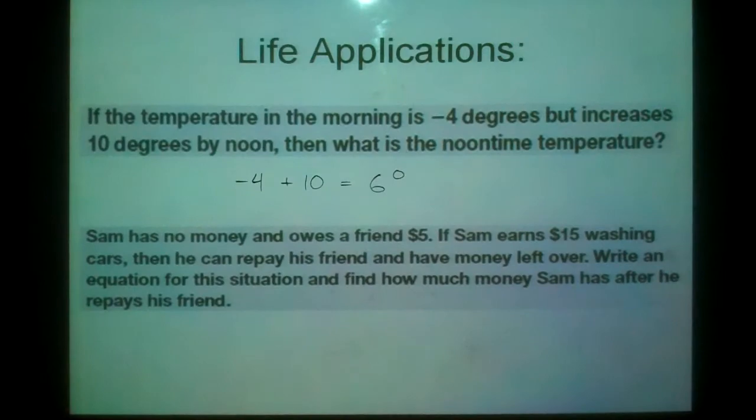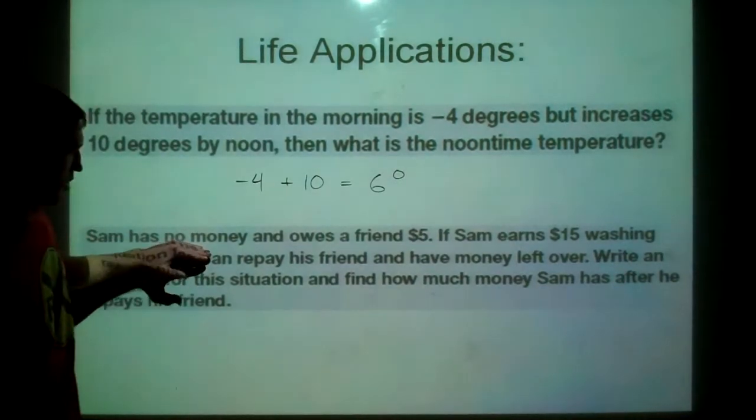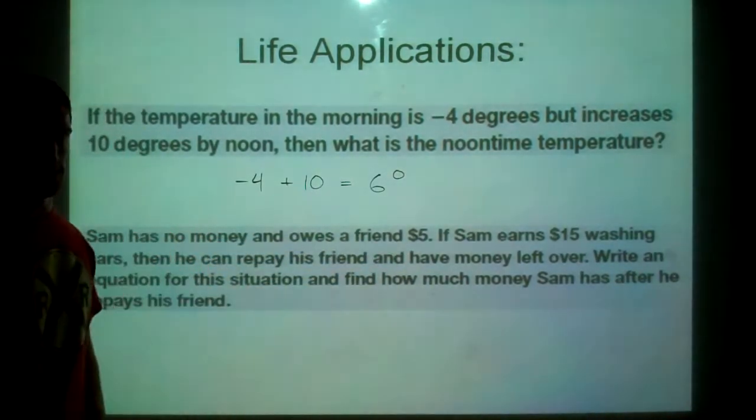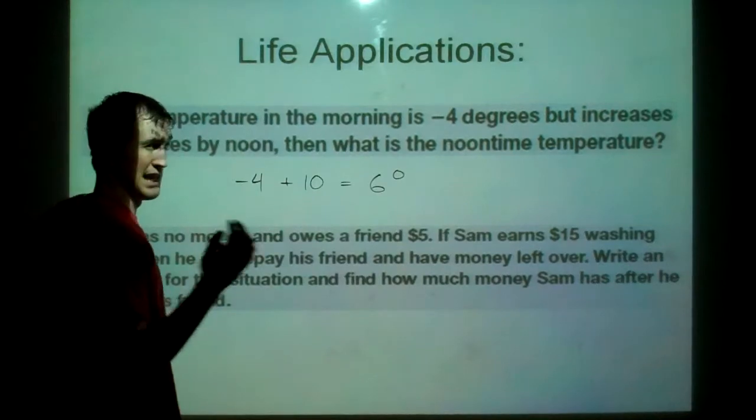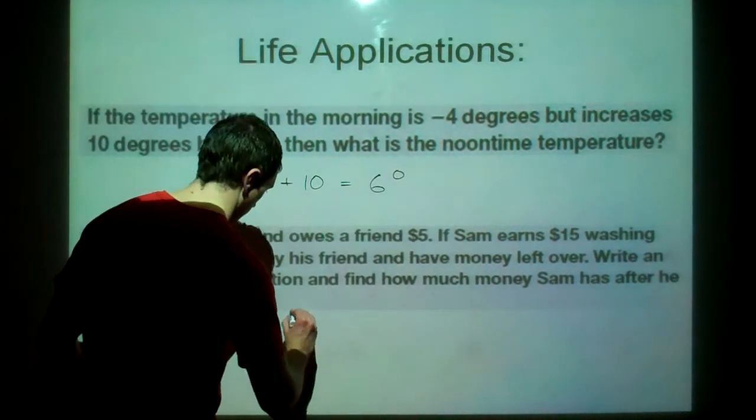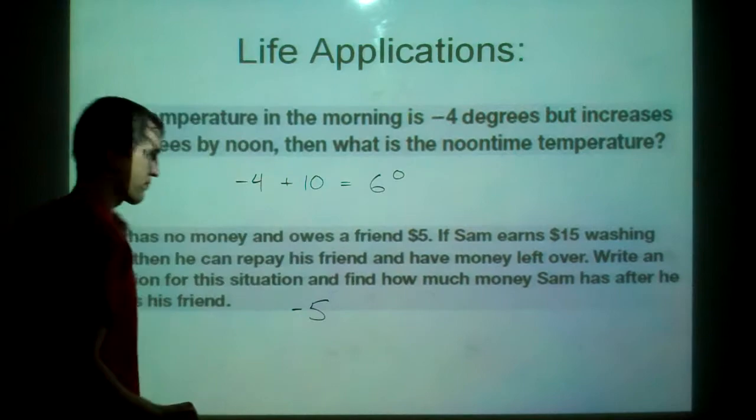Here's one, like if you owe somebody money. So Sam has no money and owes a friend $5. If Sam earns $15 washing cars, then he can repay his friend and have money left over. So the task is to write an equation for this situation and find out how much money Sam has after he repays his friend. Alright, so when Sam has no money but owes a friend $5, that means he's -$5. He's in debt $5. So -5.